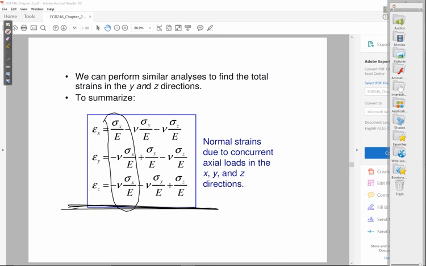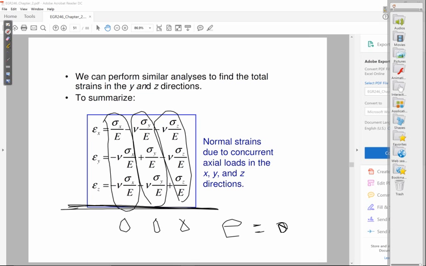Okay, if nu is 0.5, I get sigma x over E minus 0.5 sigma x over E minus 0.5 sigma x over E. What do these three terms add up to? 0. Same thing for the sigma y terms. They add up to 0. The sigma z terms add up to 0. So your dilatation is equal to 0.